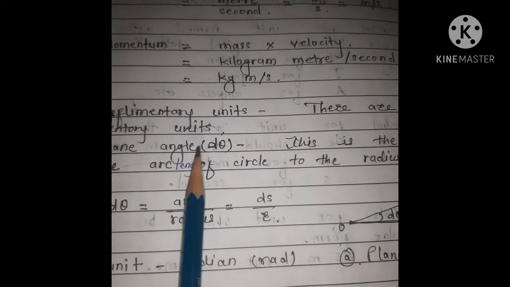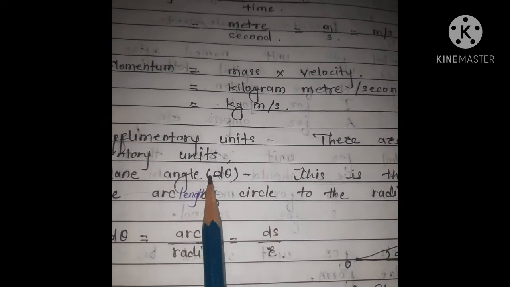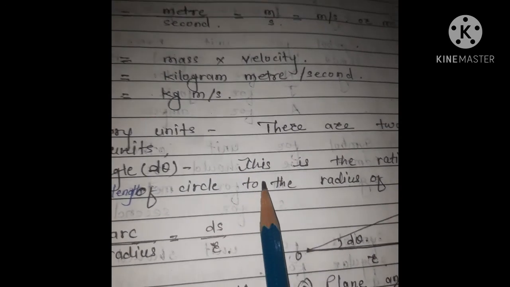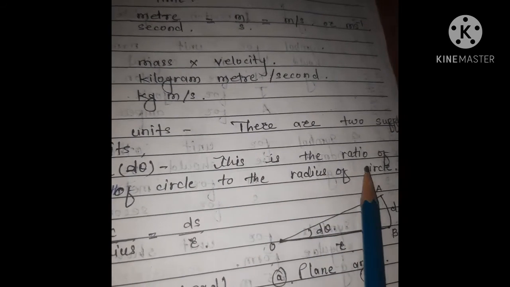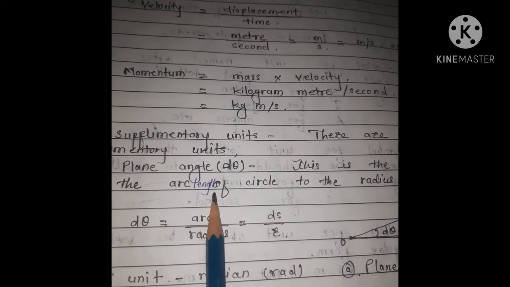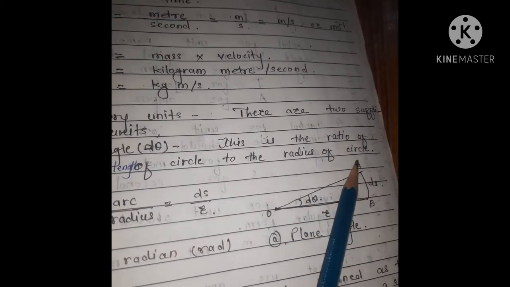plane angle. Plane angle is represented by d theta or theta. This is defined as the ratio of the arc length of the circle to the radius of the circle.